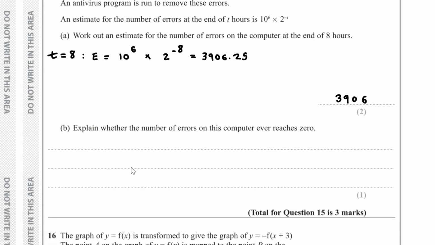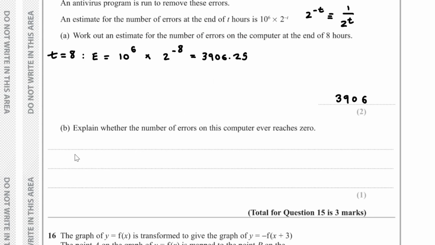And now for part B, we have to explain whether the number of errors on this computer will ever reach 0. Well, if we think about 2 to the minus t, well, 2 to the minus t is the same as 1 over 2 to the power of t.